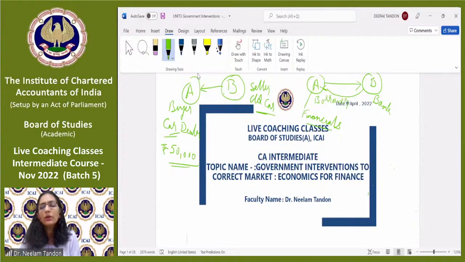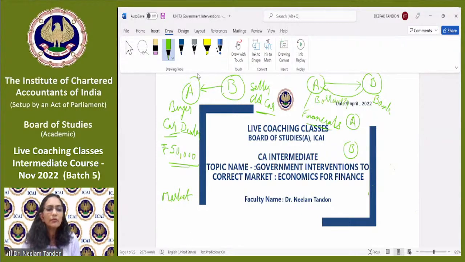The bank needs to know the true financials before lending. This is asymmetry of information. Other cases include health insurance companies; it can be anyone. Asymmetry of information means there's a gap in the correct information between buyer and seller. This leads to market failure.